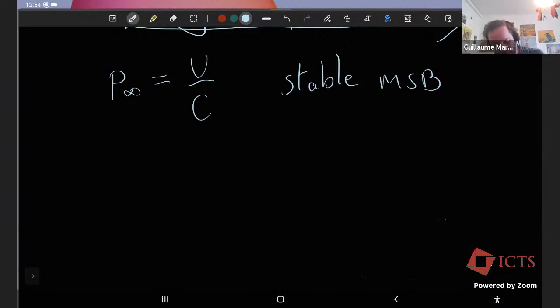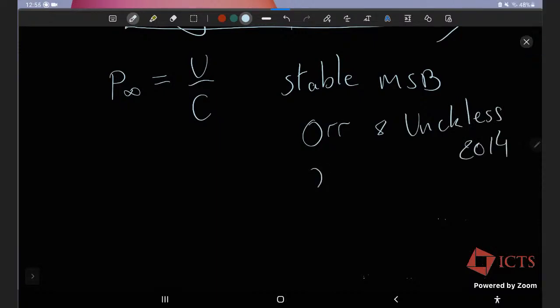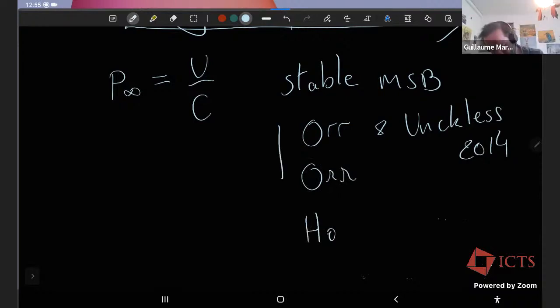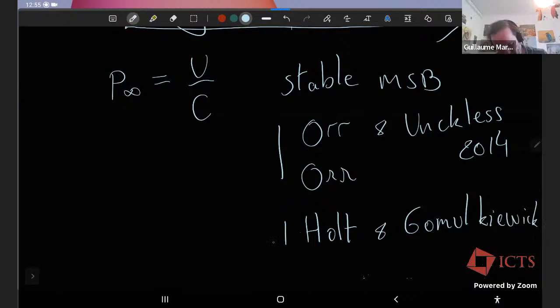This kind of theory is the one you can find in Orr papers on rescue, and Orr and Unckless, 2014. I will give some references at the end of the lectures, but this is a fairly famous one. And Holt and Gomulkiewicz also, which are in sexuals, also assume this kind of initial situation. Right. But the first rescue models, these are from the 80s.